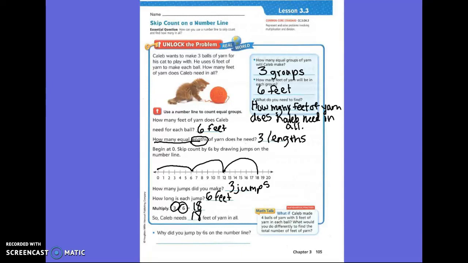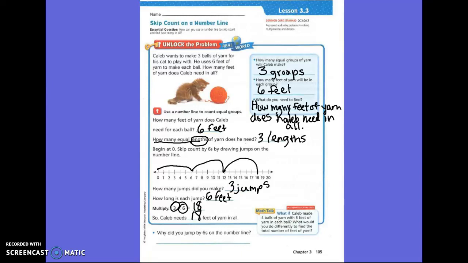Now, here's a question at the end. Why did you jump by 6s on the number line? Why did we jump by 6? Cooper? Because we needed the equal number of yarn, so we have the same amount. Okay, but why did we jump by 6? Because each ball of yarn is 6 feet.